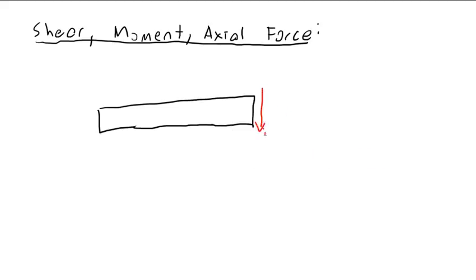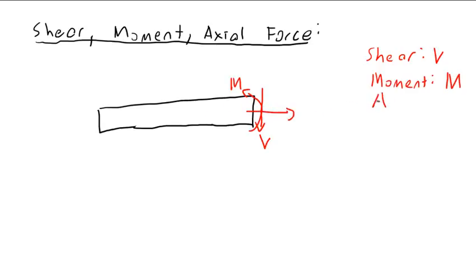You have your shear V, which is an internal force that is transverse to the member. You have moment, M. And you have axial force, A, or F, so I'll just say F for now. In truss members, there's only this F, compression or tension.